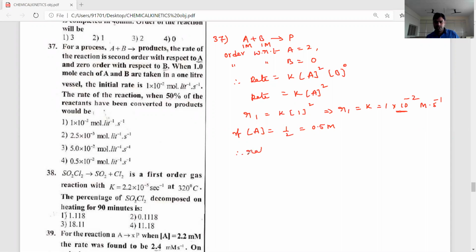See, in that case, rate is equal to K into concentration of A whole square, 1 by 2 whole square, which is nothing but 10 to the power of minus 2 into 1 by 4 mole second inverse, molar second inverse or mole per liter second inverse. 1 by 4 is nothing but 0.25.